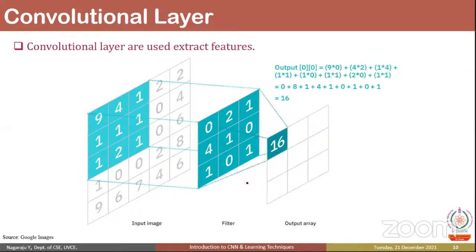Okay, so here we have a matrix. This is the input matrix. This is actually a filter, and this is going to be the feature map.